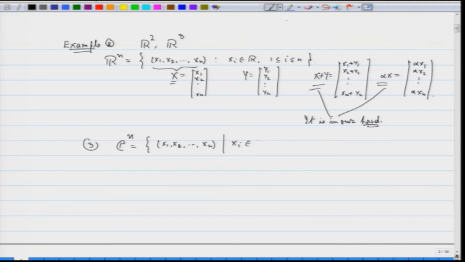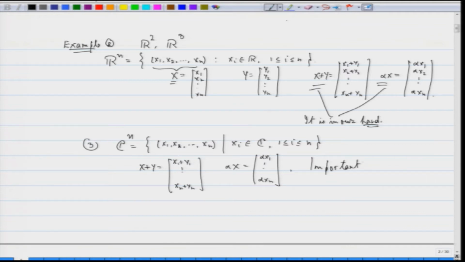Each xi belongs to the complex numbers, 1 less than or equal to i less than or equal to n, and again I can have the same thing: x plus y is x1 plus y1, so on till xn plus yn, and you have alpha x as alpha x1 till alpha xn, fine. Important, alpha can be a real number, alpha can be a complex number.